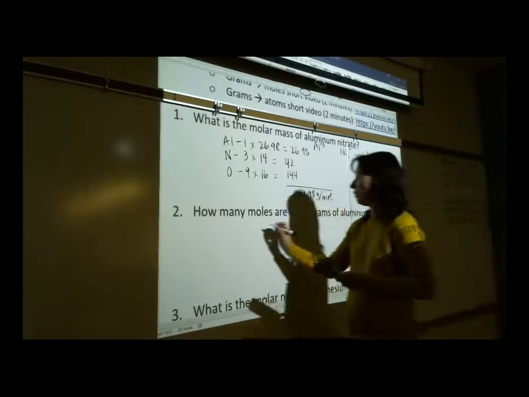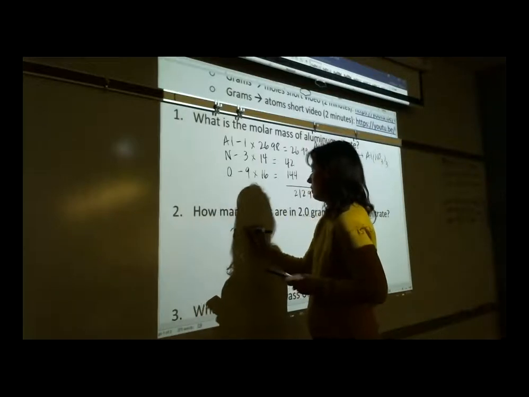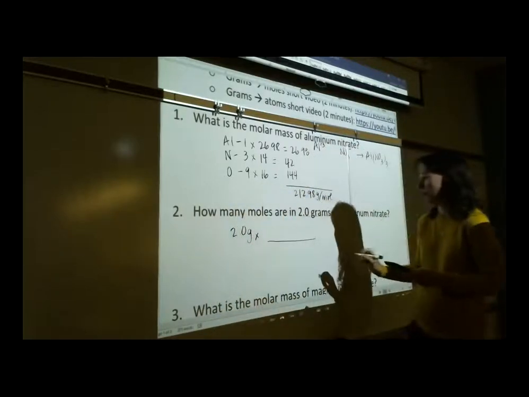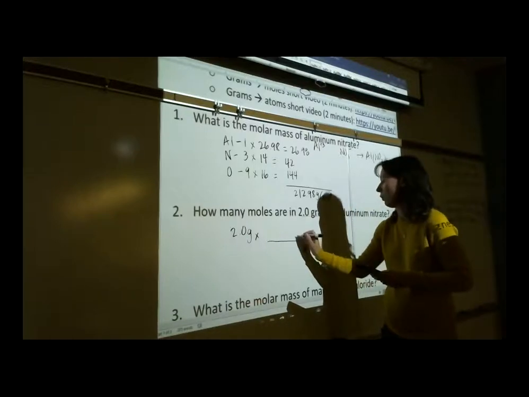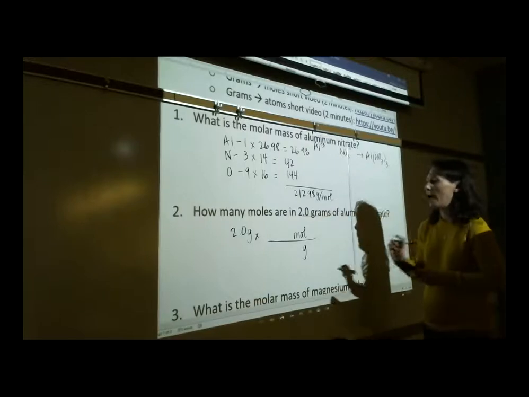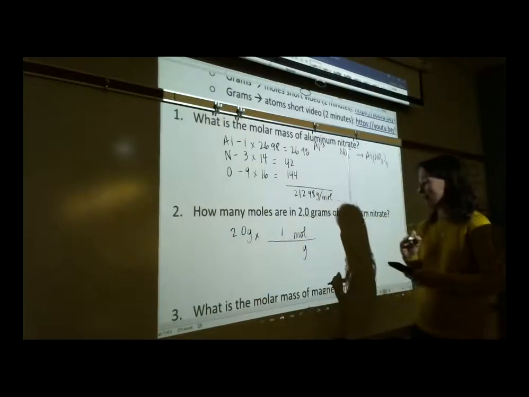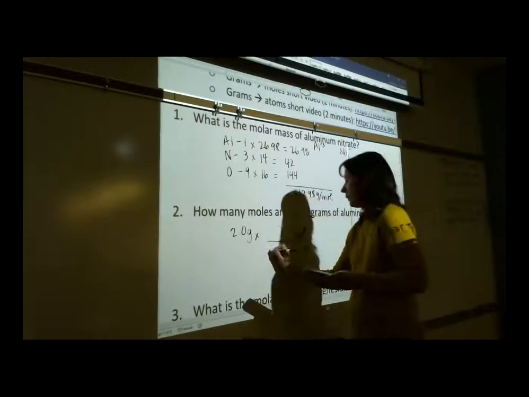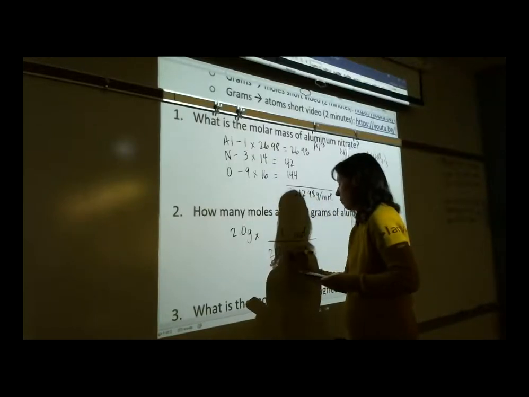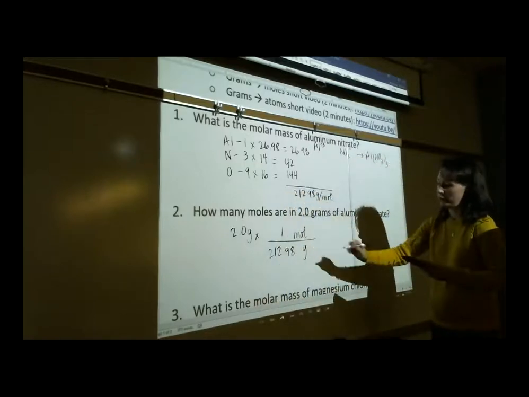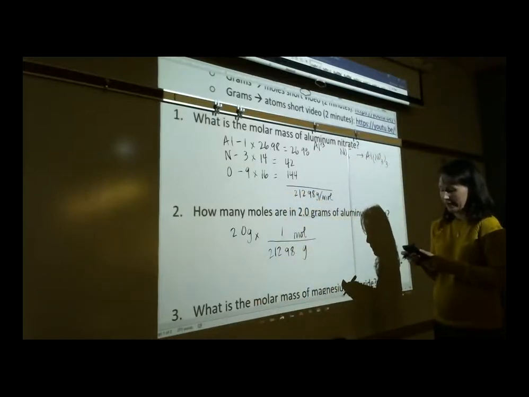So if I've got 2 grams times, we're going to make a conversion factor. We want grams to go away, and we want moles to be what we're left with, right? 1 mole has a mass of how many grams? What we just calculated, 212.98. So 2 times 1 divided by 212.98.